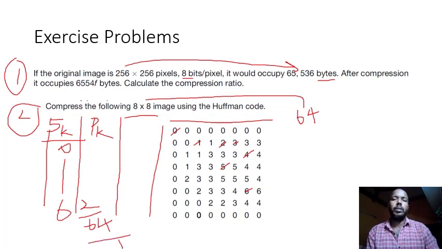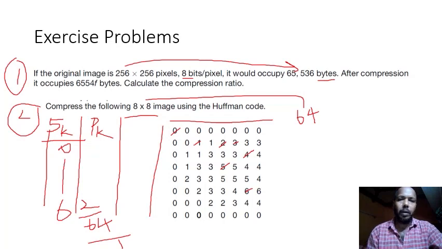Then we have to construct the Huffman code. Step 1, write all the symbol probability values in descending order, and add the last 2 symbols, compressing until we get 2 symbols left. Then come back to the source symbols by tracing the binary values.